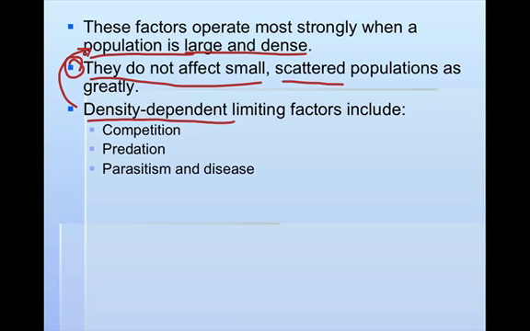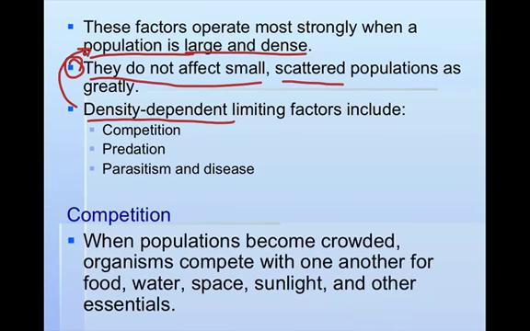Let's review what these are again. Competition is when populations become crowded and organisms compete with one another, not necessarily for all different types of resources. They might compete for food, water, space, sunlight, and other essentials.